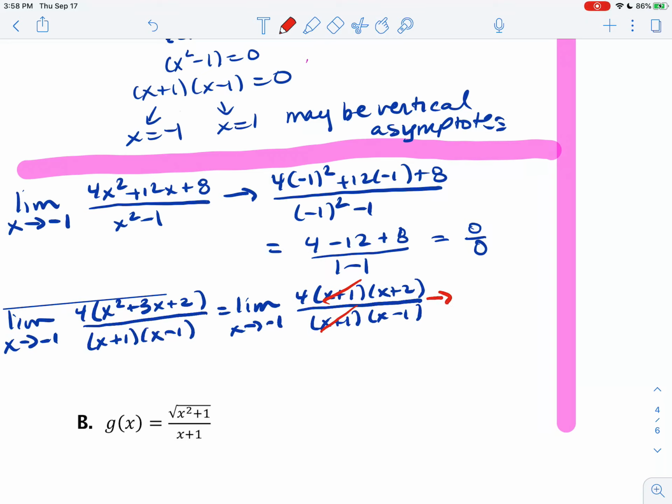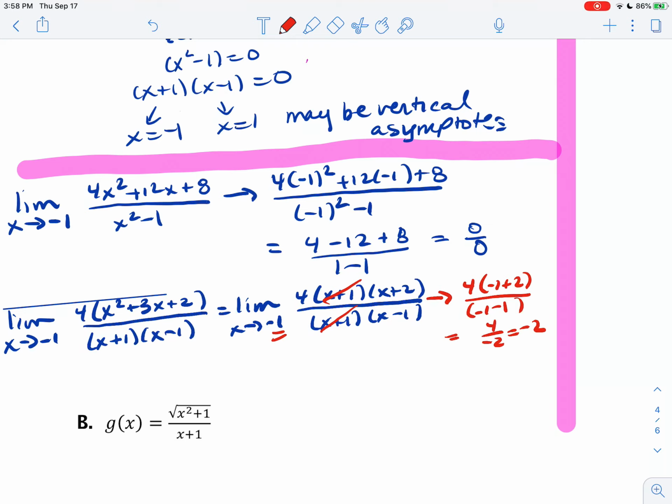1 from the numerator and denominator, and now I can calculate my limit and plug in my value, and that's going to be 4 times minus 1 plus 2 over minus 1, and that's going to equal 4 over negative 2, which is negative 2. So we do have a limit that exists.